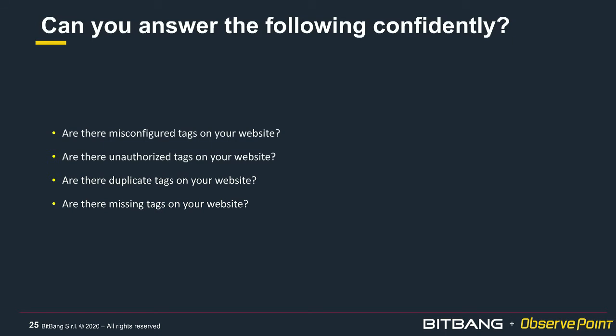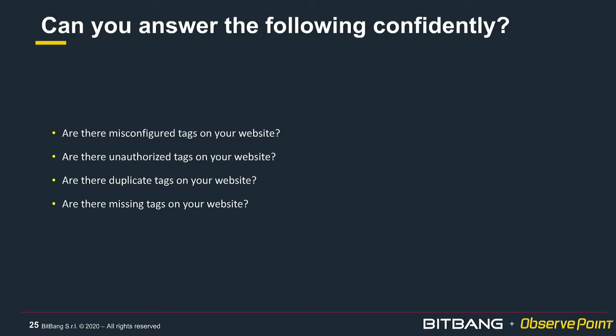For Adobe Analytics users, are all your props less than 100 bytes, for example? For Google Analytics, do you have all the data you need if you're using GA3 and you've only got 5 custom dimensions? So, misconfigured tags really refers to tags which are not doing the job that your digital strategy needs them to do correctly. Are there unauthorized tags on your website? So this is a question of, it's twofold really.